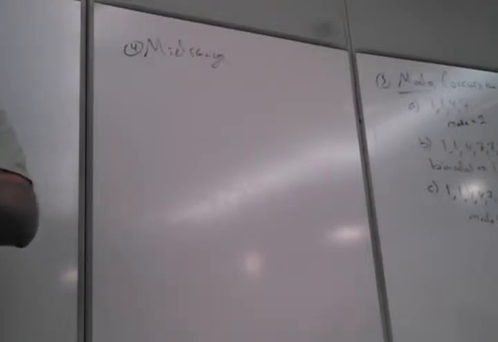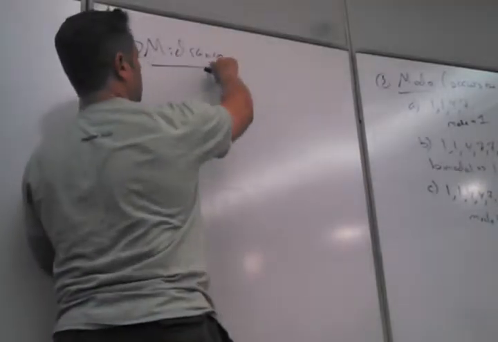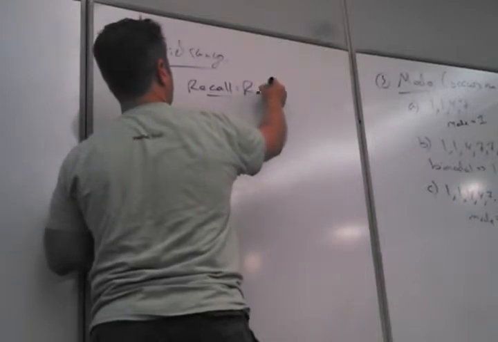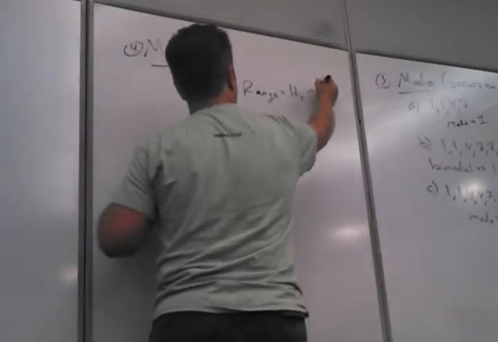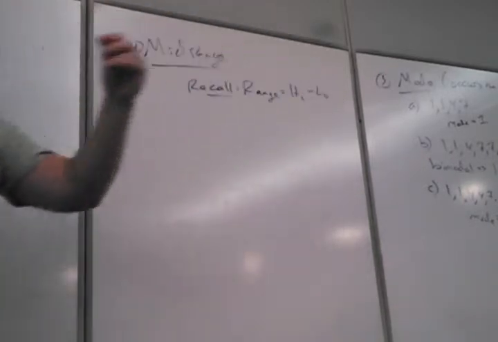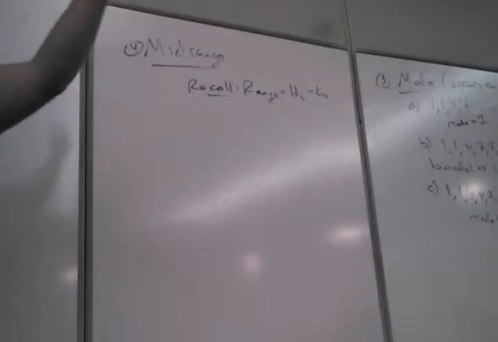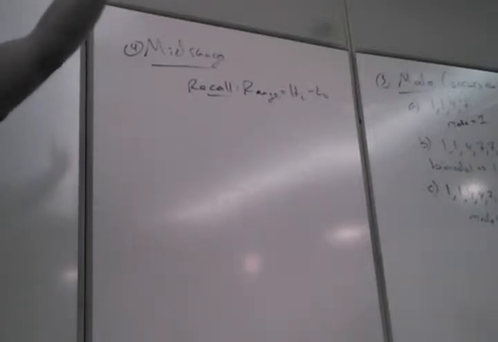It's not really used very often because it's too simple. But remind me, what's the range? Yeah, the range was the high minus low. It's like how far our data ranges. So the mid-range should be the number that's in the middle of the average of the highest and lowest. Exactly, the middle of the high and the low.